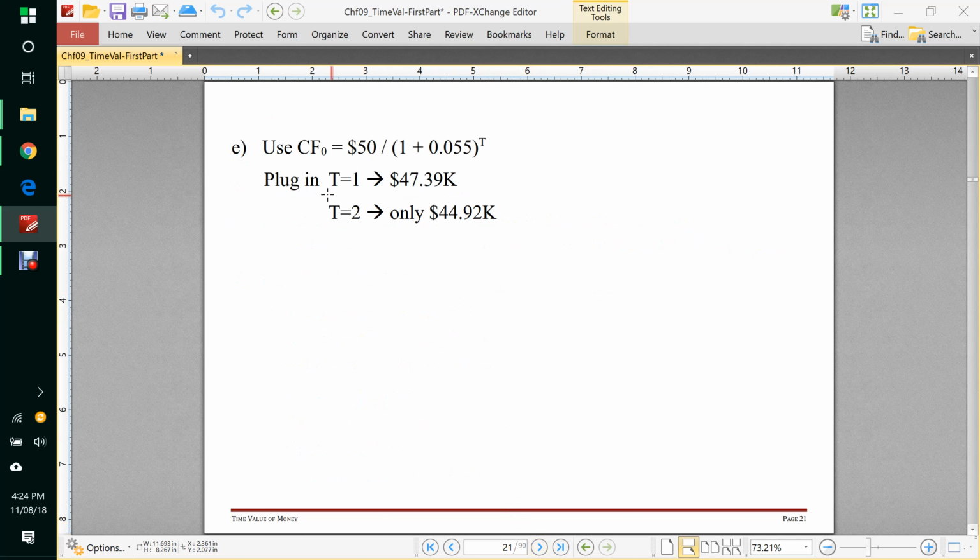Okay, so indeed, as we saw from the algebra and as we saw qualitatively, if you pay your parents in 2 years, you can set aside 45,000 now. If you pay them in 1 year, you'd have to set aside about 47,500 now. Okay. All right.